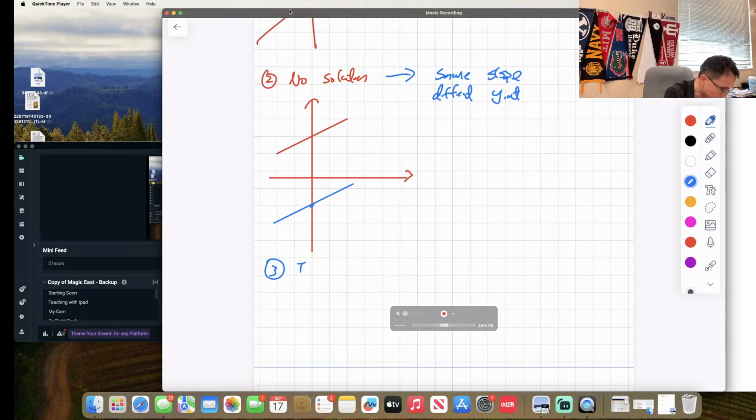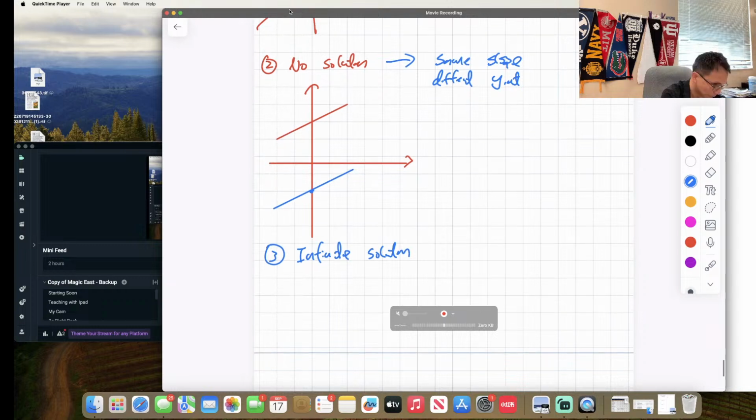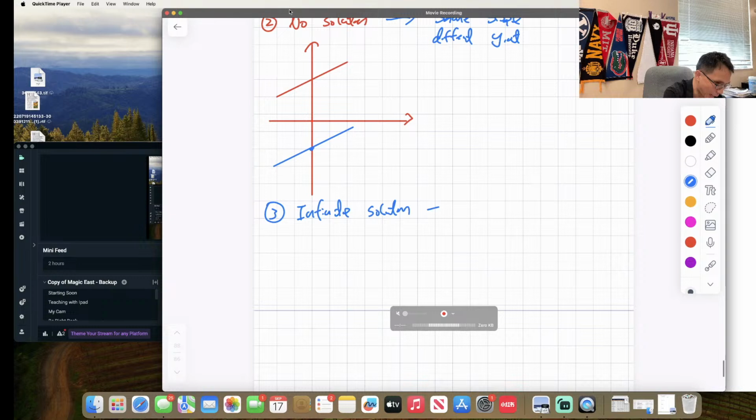You got infinite solution. You got the same slope, or same equation.